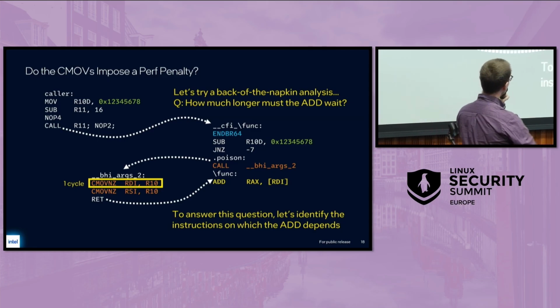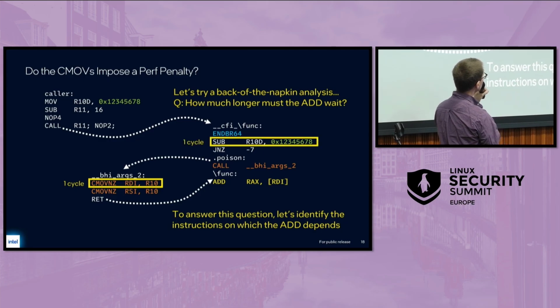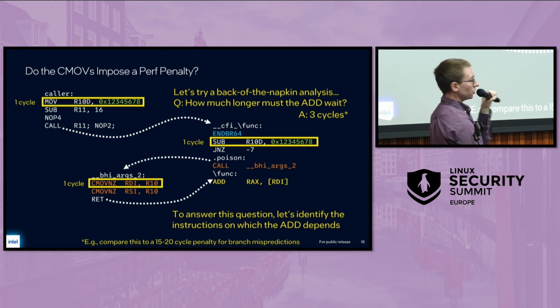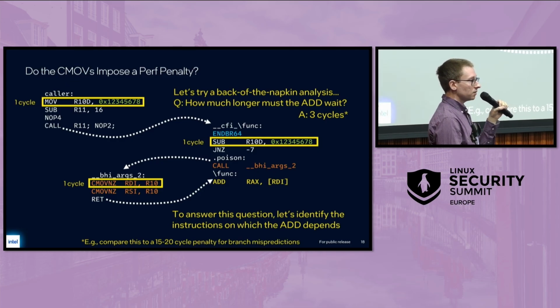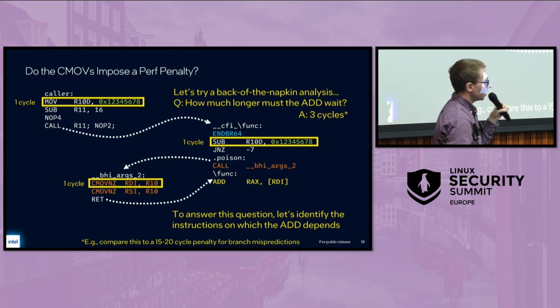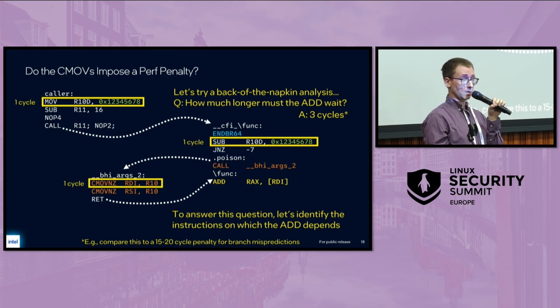And the CMOV depends on R10, and the most recent dependency that defines R10 is that sub instruction, and then before that there is the move instruction, and that move doesn't have any more dependencies because it gets its only source operand from the instruction stream. Now there is another dependency, it's the original definition of RDI, but you would have had to pay that cost with or without FineIBT plus BHI. So the answer is that FineIBT plus BHI will make that add instruction wait an additional 3 cycles.